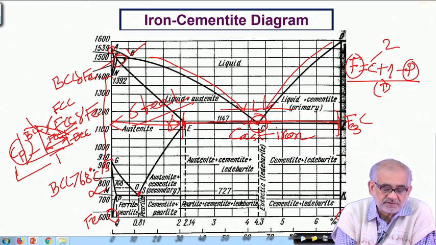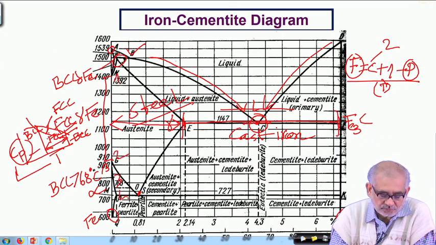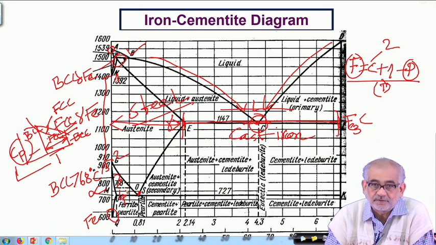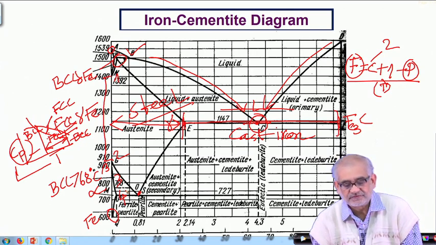So because of the presence of these allotropic changes 1, 2, 3 and 4 until room temperature for pure iron, we see a wide variation of properties possible in steel. We'll elaborate more as we go along.